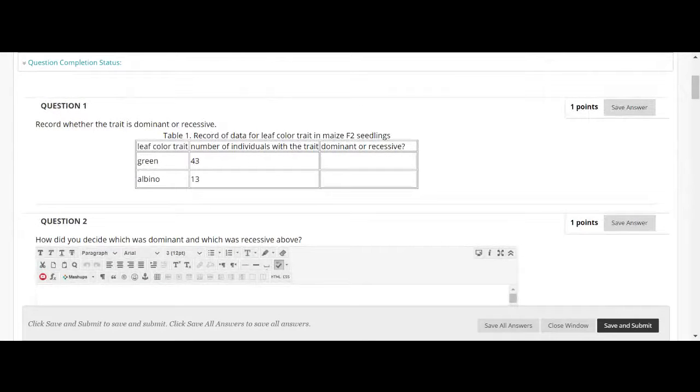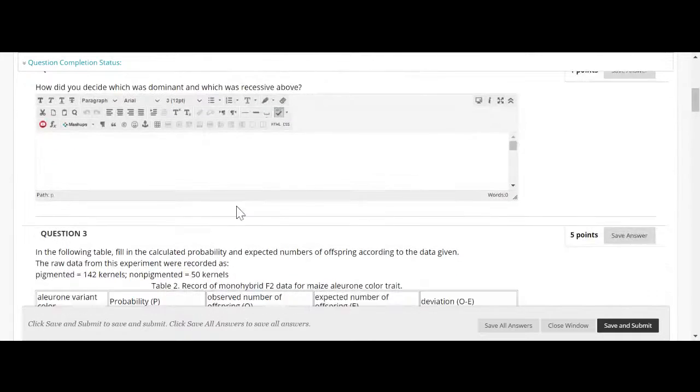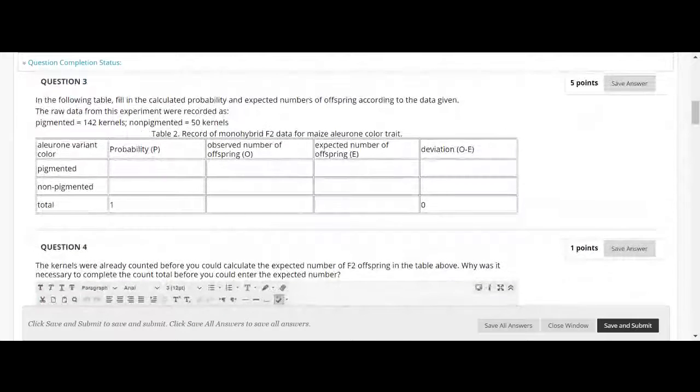What I wanted to show you is that I counted the offspring, and they are right here in the question text. So I didn't actually do it all for you.